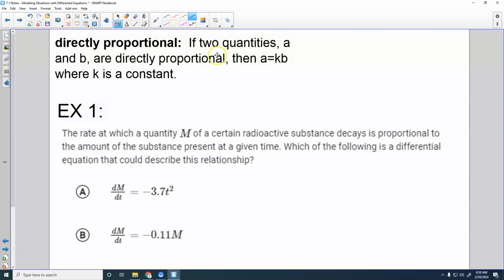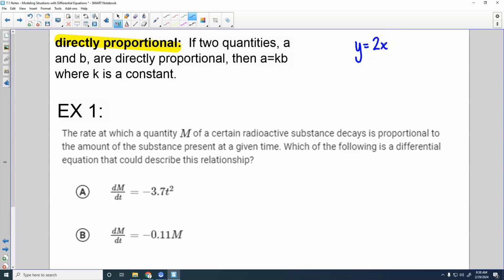Something that was in Math 1, and really it's still in Math 1, we just don't use this phrase very much, is being directly proportional. If two quantities A and B are directly proportional, then A equals K times B, where K is a constant. What you're most likely to see for directly proportional is like y equals 2x.